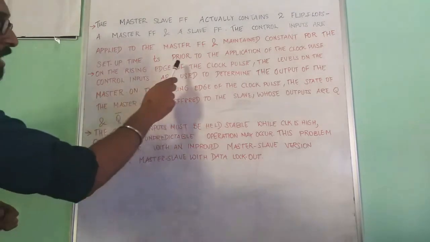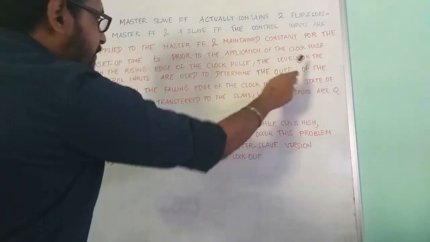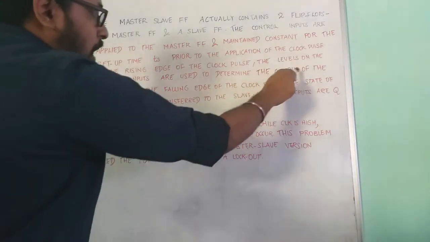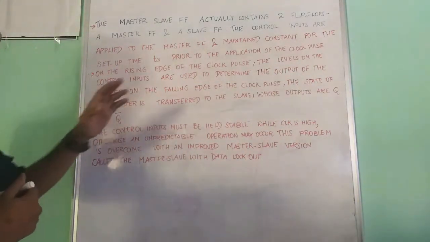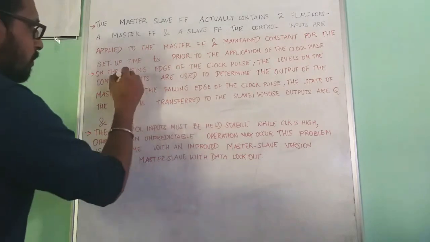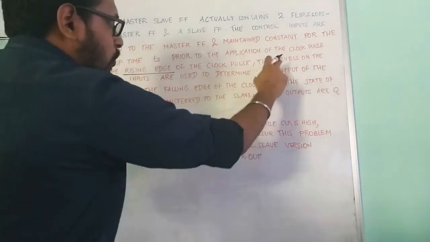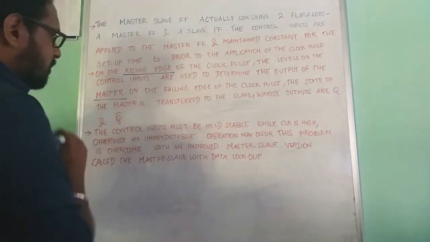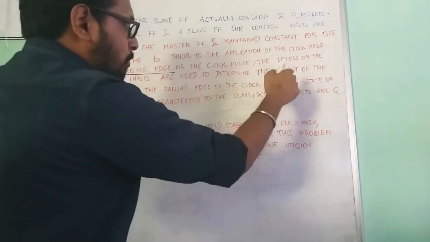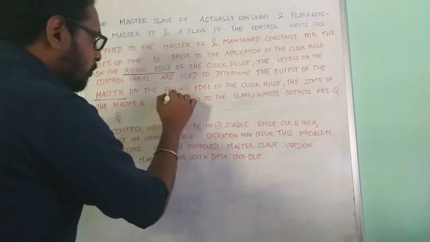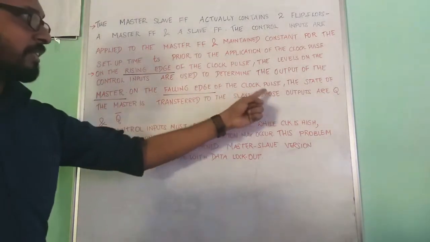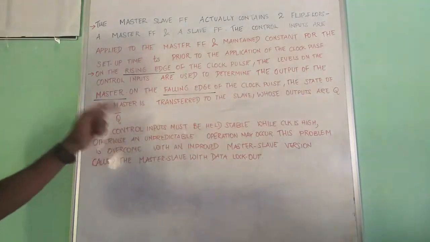On the rising edge of the clock pulse, the levels on the control inputs are used to determine the output of the master. On the falling edge of the clock pulse, the state of the master is transferred to the slave, that is, the outputs are Q and Q bar.